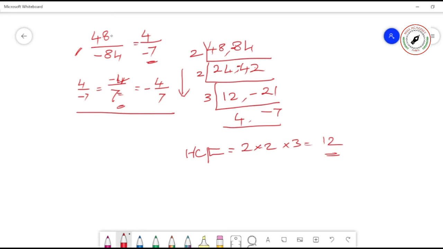Correct? But here it can be divided by 2, by 3, by 12. Yes. So this one is simplified to this format. Okay. So this is called standard format of a rational number. Correct?